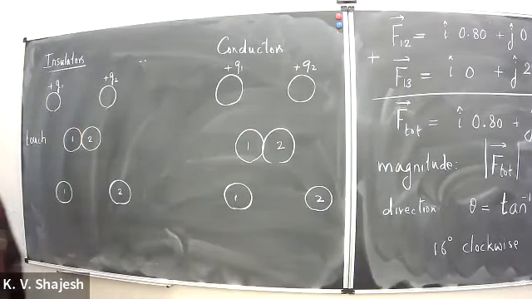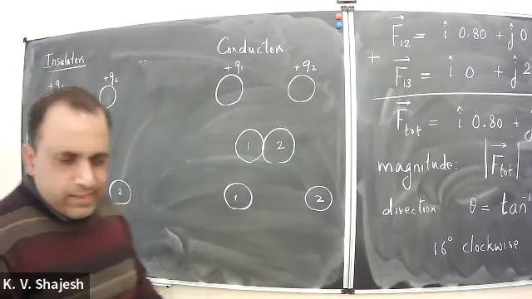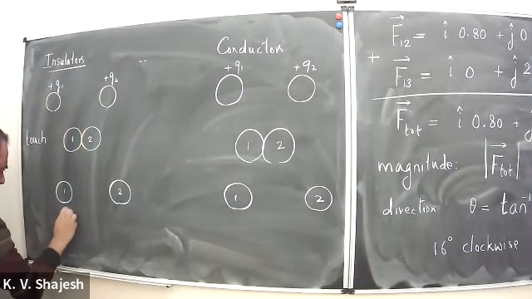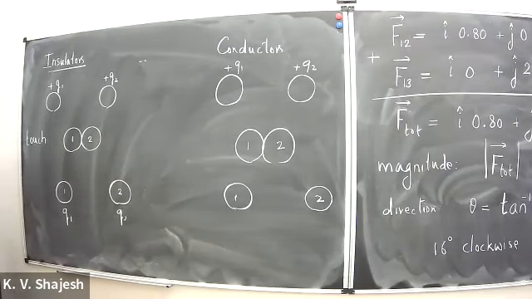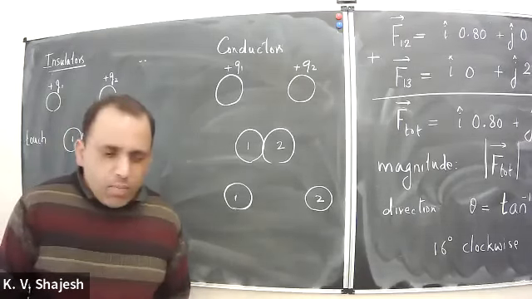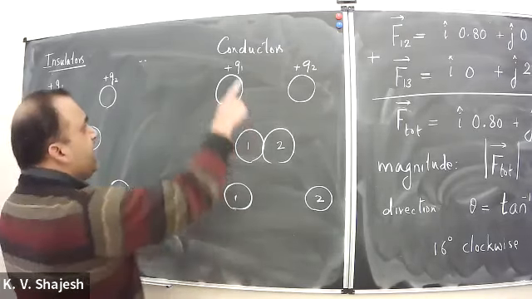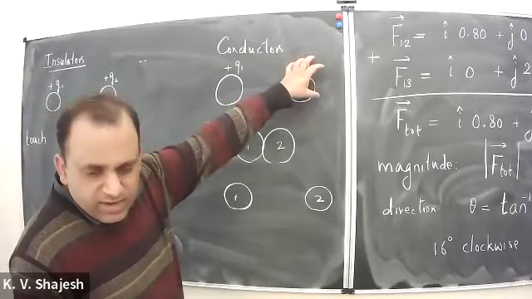But now what happens is that in insulators, the charges are fixed. There is no movement of charges. So how much charge is there on this? It's still Q1, it is still Q2. Touching doesn't matter because they are not mobile. Nothing happens in this case. But what happens here is that there is a Q1 and a Q2. This could be 1 coulomb, that could be 3 coulombs.